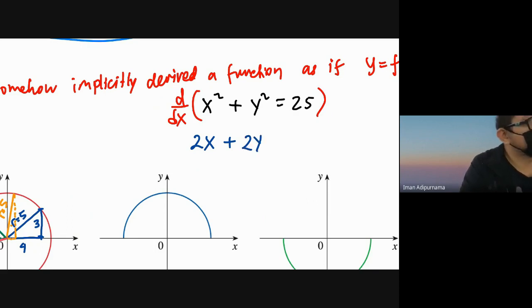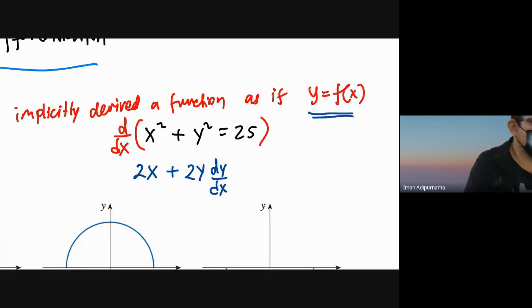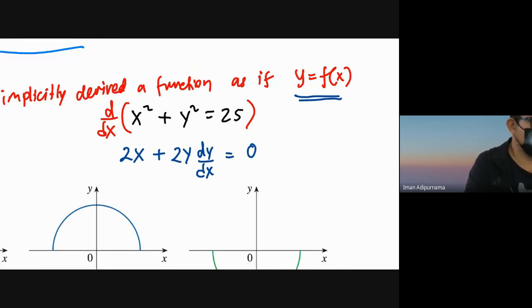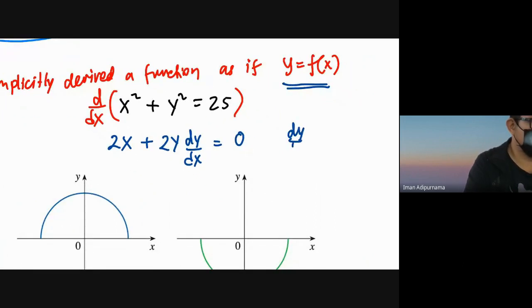But let's make another exception in y here and take dy dx, because we are making as if y is a function of x. Okay, and then it's equal to 0. And then we can solve this, and we get negative x over y. And that is how implicit differentiation works.